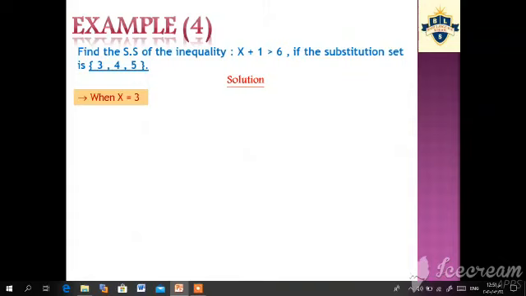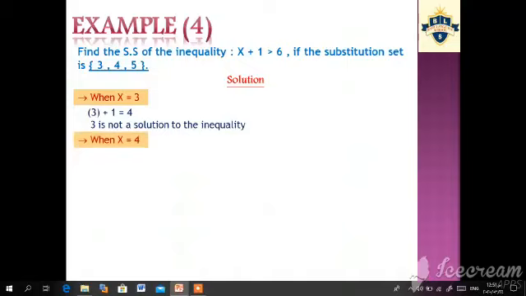When x equals 3, put x equals 3. 3 plus 1 equals 4. The answer from the left-hand side equals 4. Is 4 greater than 6? No. So 3 is not a solution to the inequality.